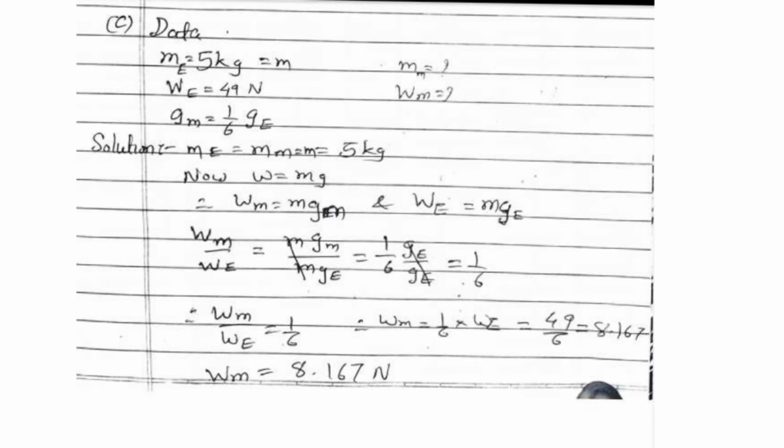Again they had given us a ratio, that gm is 1/6 of ge. So obviously for the weight also I will be taking the ratio. So I am taking the ratio of weight on moon upon weight on earth, right? So I will write the formula m gm upon m ge. So that is what is written here.